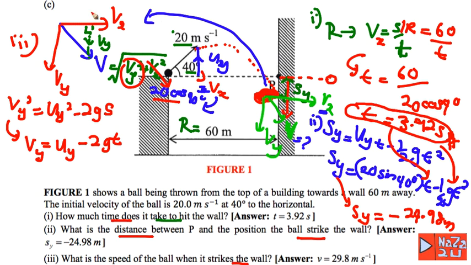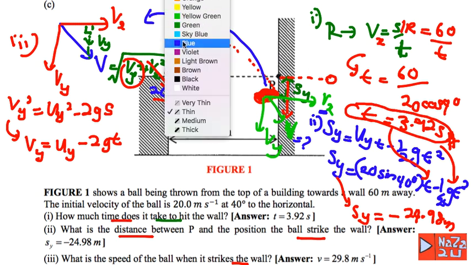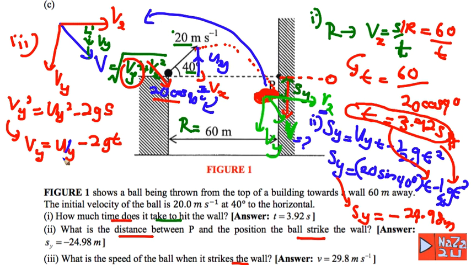Here uy is 20 sine 40, g is 9.81, and the time of flight we calculated in question number 1 is 3.92. So you can find the value of vy.